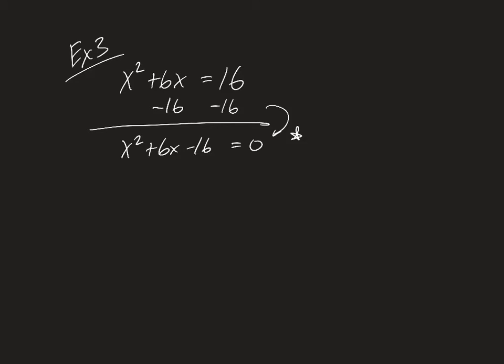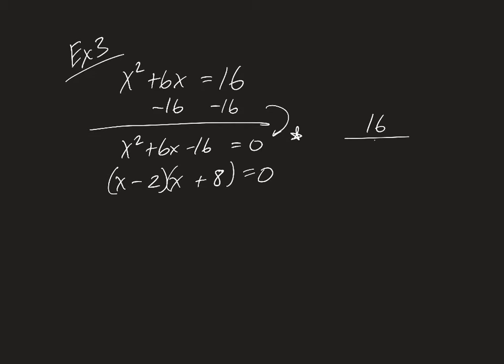That's the key. Now once you have that set equal to 0, you can try to factor it. X times x will give you x squared. 8 times 2 gives you 16, and the difference between 8 and 2 is 6.